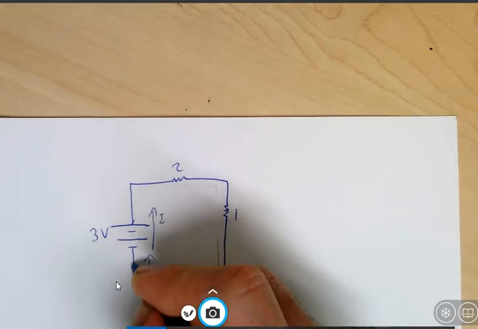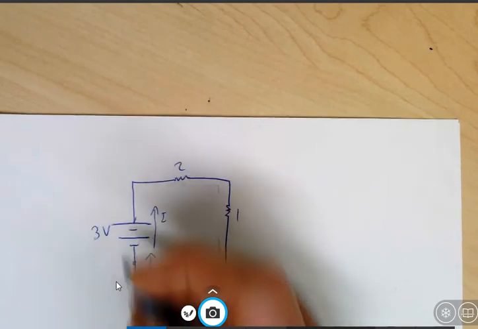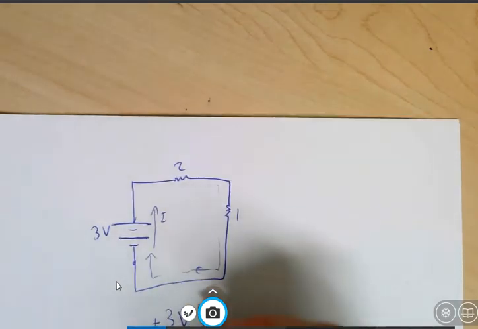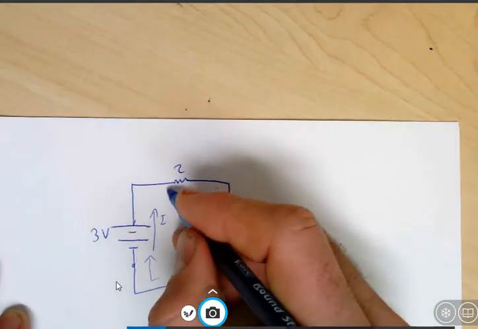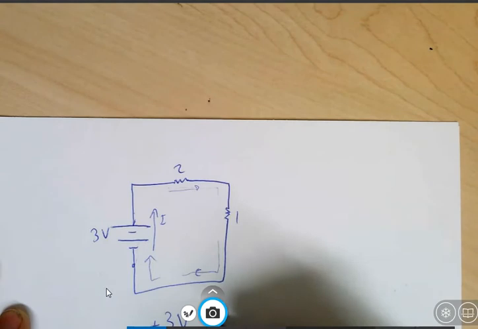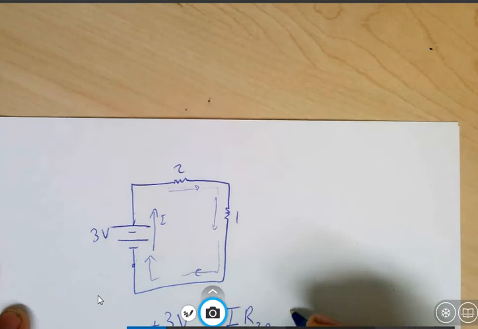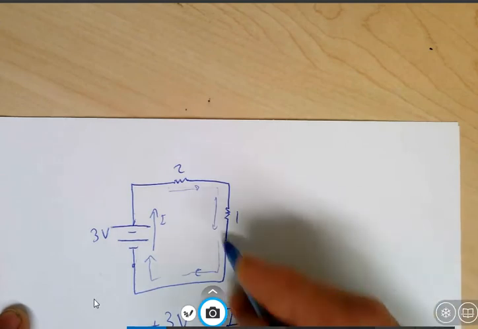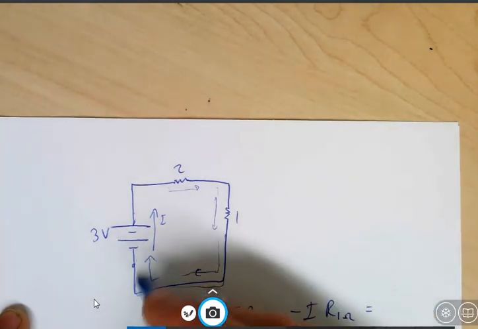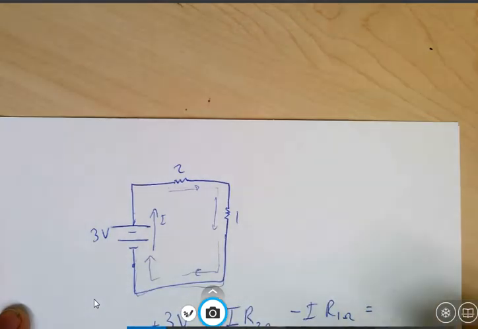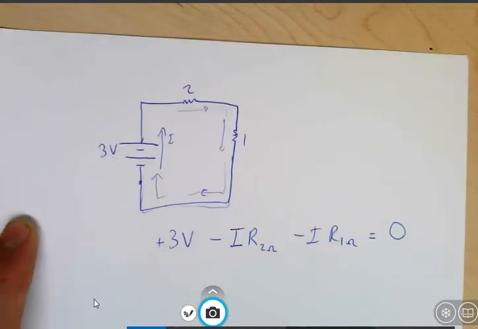If I started here, then going across this 3-volt battery is going to give me plus 3 volts. Going across the resistor in the direction of the current is going to give me a minus I times R of the 2 ohm resistor. And going across this resistor here is going to give me a minus I times R of the 1 ohm resistor. When I finish, in an ideal wire case, it's going to take me back to where I started.